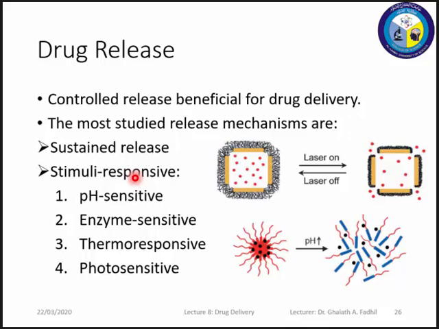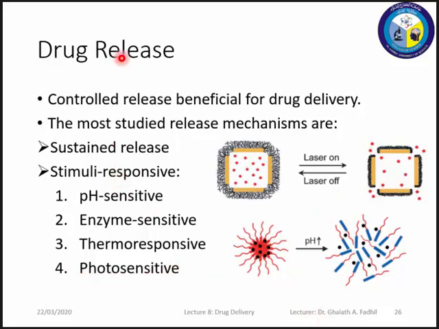And these can vary between pH sensitive, whether to increase the pH or to decrease it to release, enzyme sensitive, where we have certain types of enzymes, thermoresponsive by varying the temperature, or photosensitive using laser or visible or ultraviolet light. I'm not sure about visible, but lasers mainly.